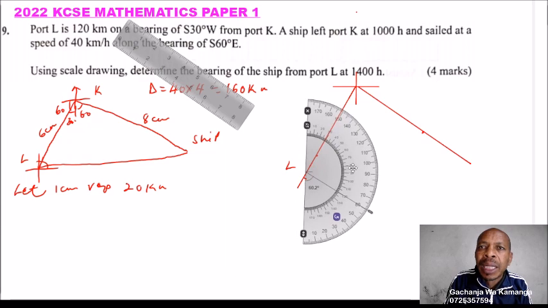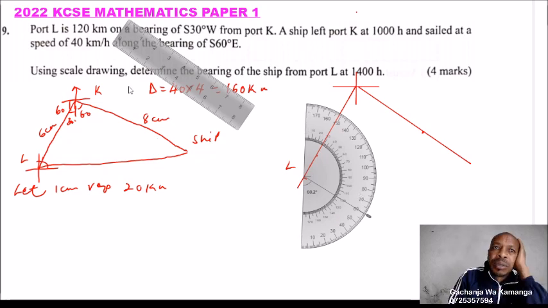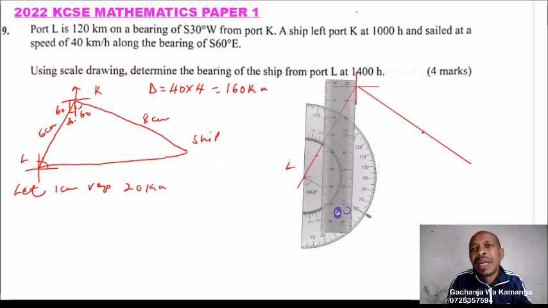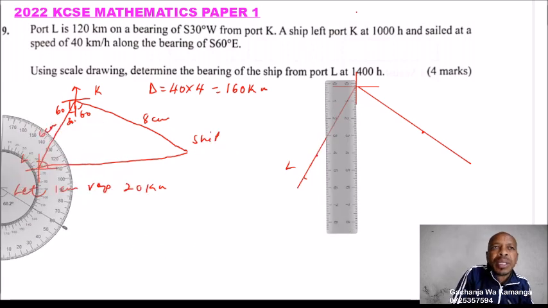But you can now drop this line. Maybe this is how you can do it. You can come here, and if you set that line like that, and then your ruler is there, then you should be able to draw a line there.